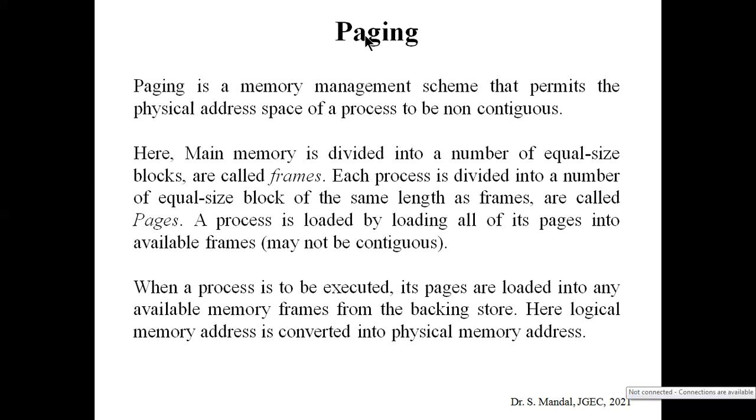These are called frames. So in paging, we divide the main memory into equal size blocks called frames, and this division is already done before execution. Each process is also divided into equal size blocks of the same length as frames, and these are called pages.